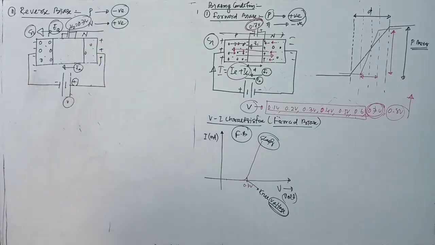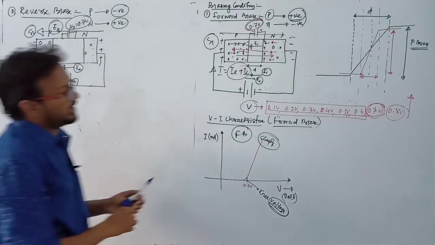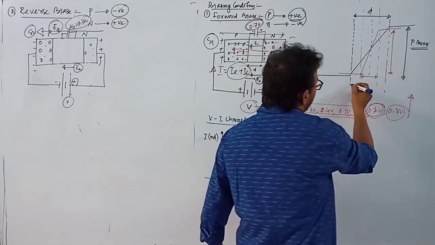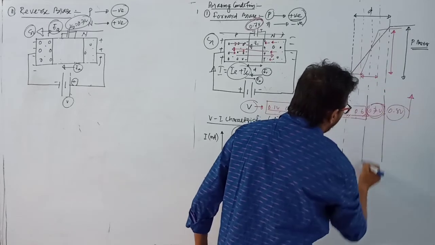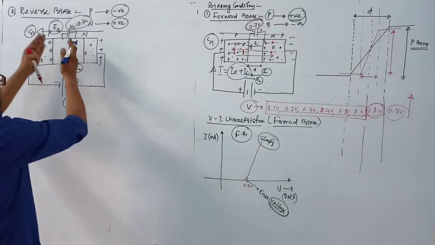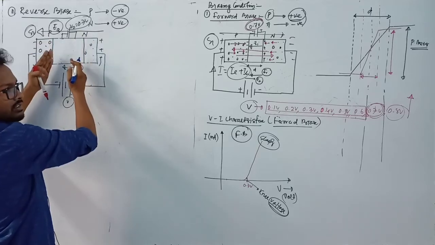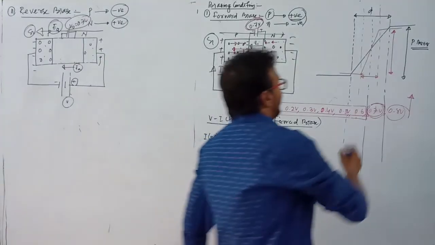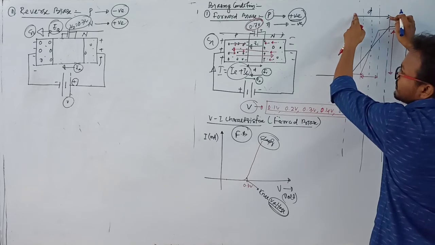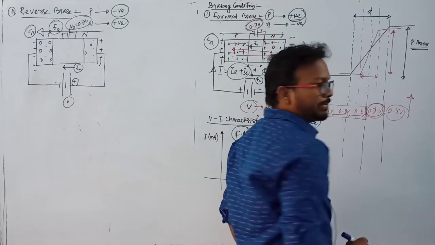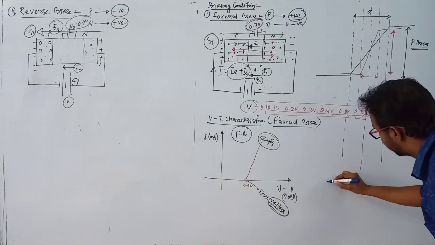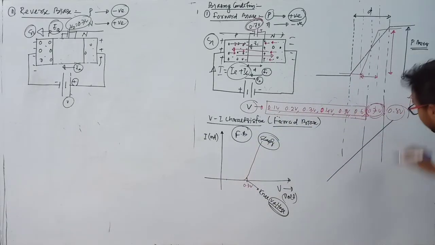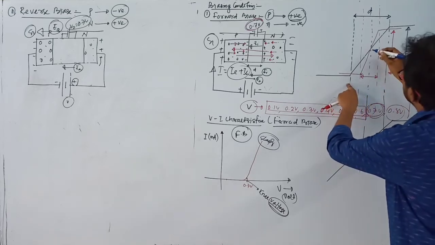Okay, if you draw here, I am drawing the depletion region here. This is the initial case, and in this case the depletion region increases. So you can draw, this is the initial depletion region when there is no battery connected to the PN junction, but now the depletion region increases, which means the diagram will be like this.